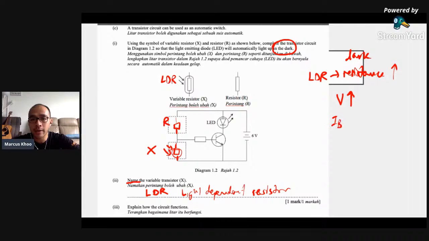Therefore, the base current will switch the transistor on. In most of your explanations, you don't actually say switch the transistor on. The IB will flow and switch the transistor on, and then IC, the collector current, will flow, and the LED will light up.